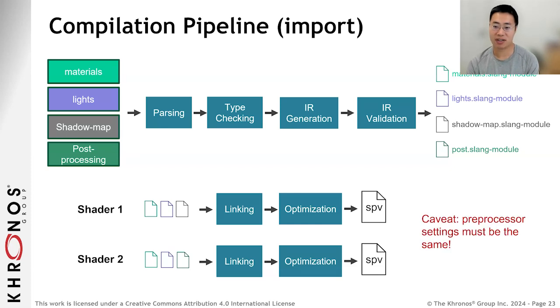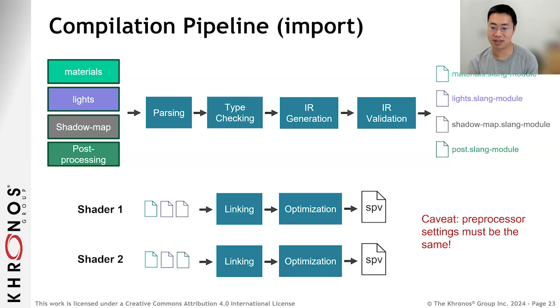A caveat here is that in order to reuse these precompiled modules, we need to make sure that the preprocessor settings for compiling shader 1 and shader 2 are the same, because the preprocessor setting can affect the source that reaches the parser, and the modules compiled under one preprocessor setting will not be able to be reused in a compile that has a different preprocessor setting.